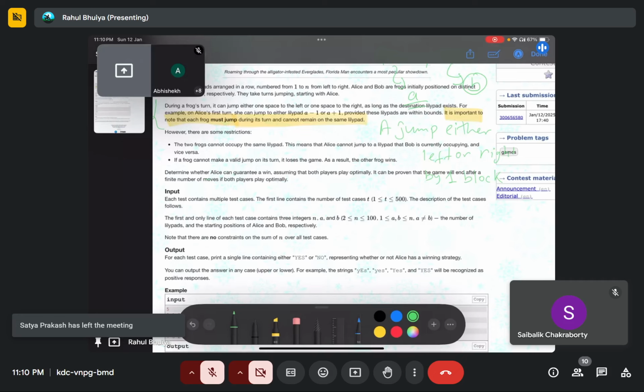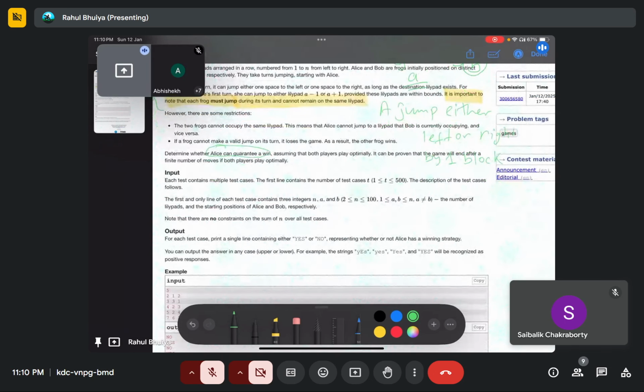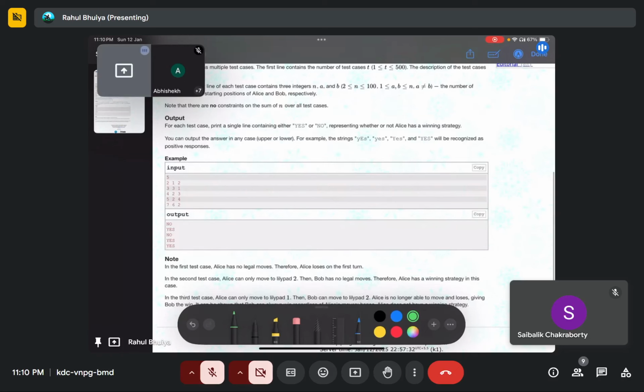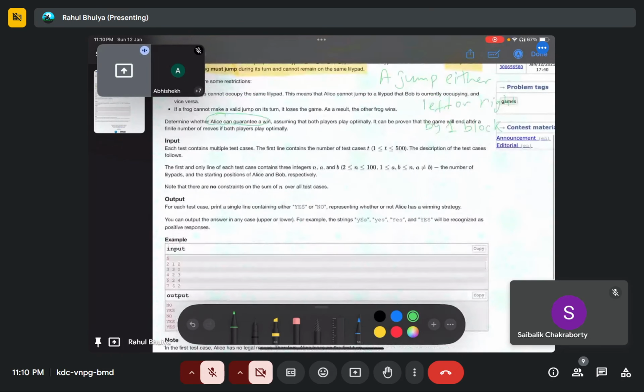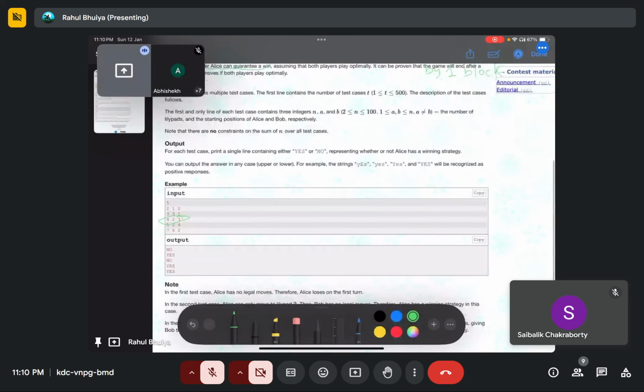The question asks you to say if there is a guarantee for Alice to win, meaning whether in all cases Alice will win or not. Take an example like four. So there are four lily pads. Let me write it: one, two, three, four.